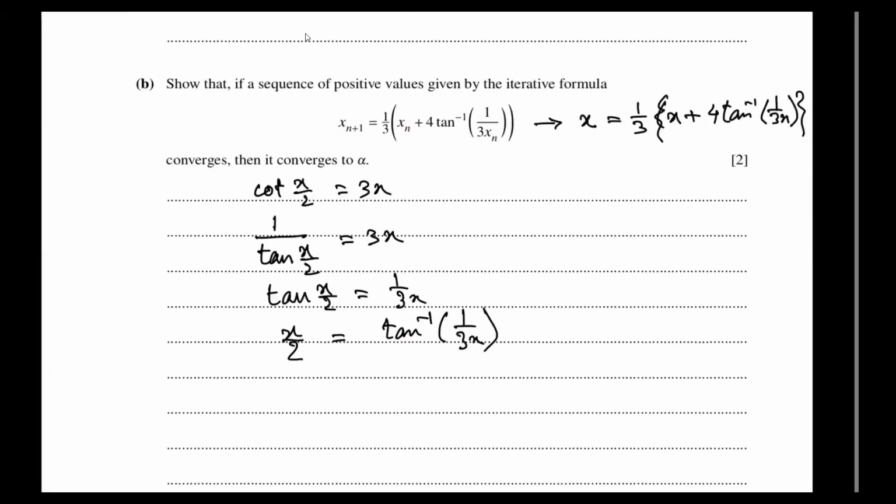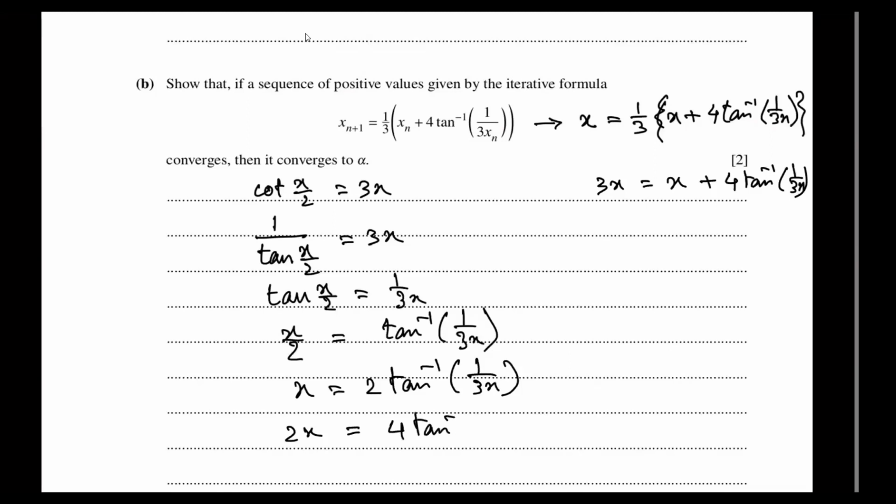From this one, x equals 2 tan inverse 1 by 6. But the statement we have to show is different from this one. If you multiply, we have 6 equal to x plus 4 tan inverse 1 by 3x. This suggests that you can multiply both sides by 2 so that we have 6 equal to 4 tan inverse 1 by 6.